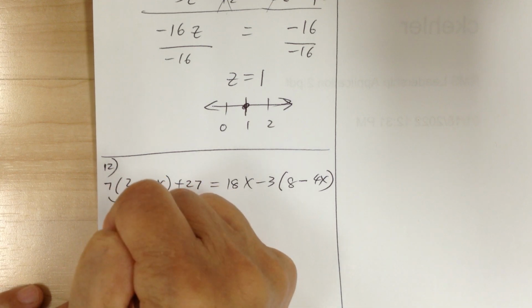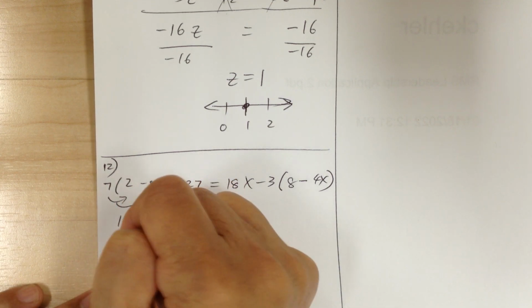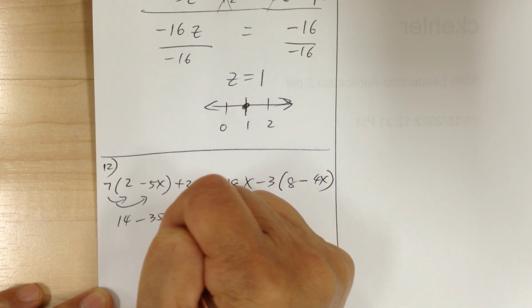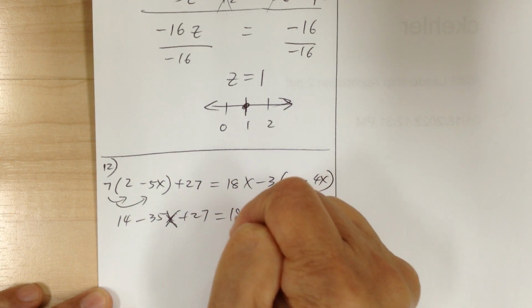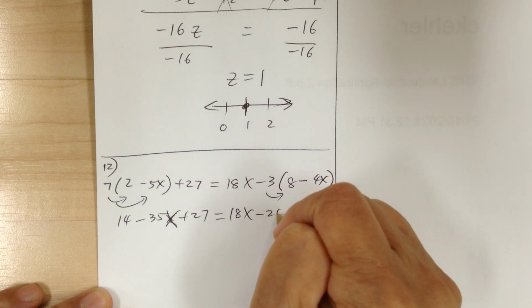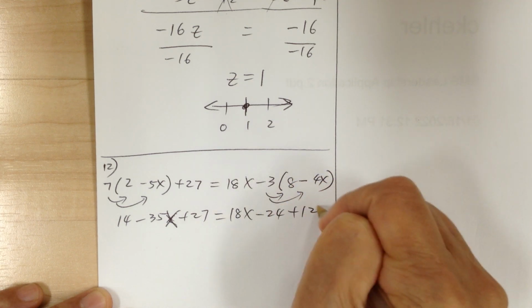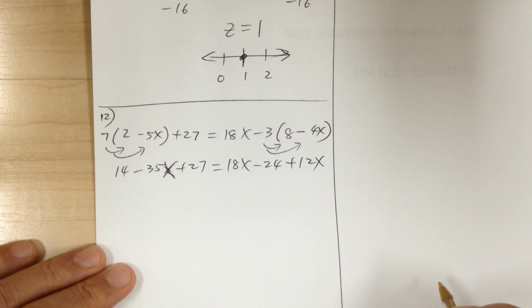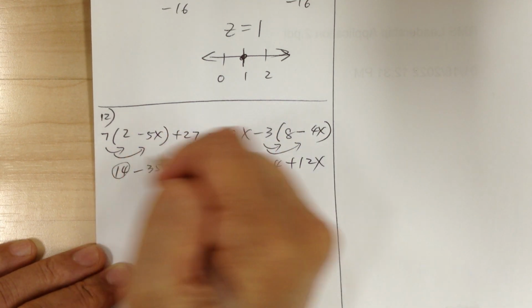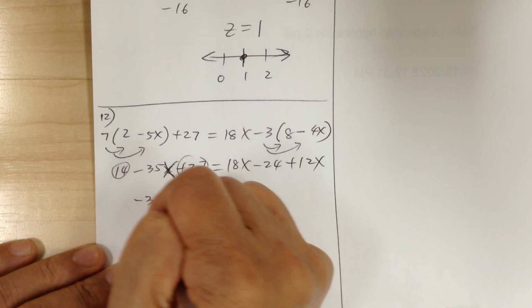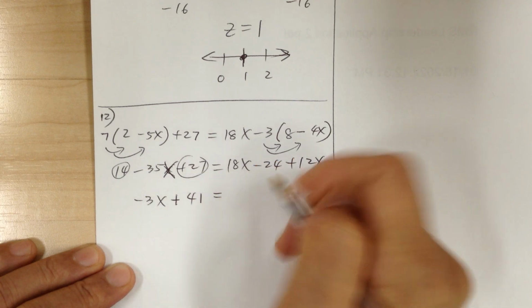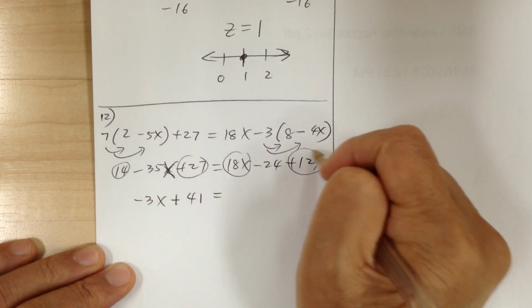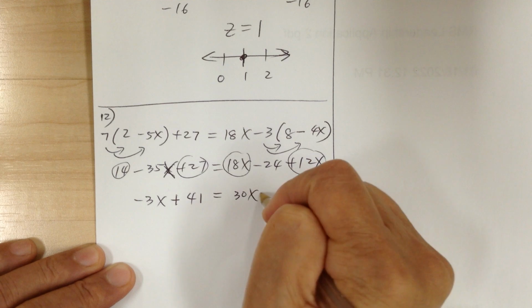So you can distribute, so 14, this would be minus 35x plus 27 equal to 18x, distribute, so minus 24 plus 12x. Your next step is to combine the like terms on each side. So this and this will become negative 35x plus 41 equal to, this one you can combine, so it'll be 30x minus 24.